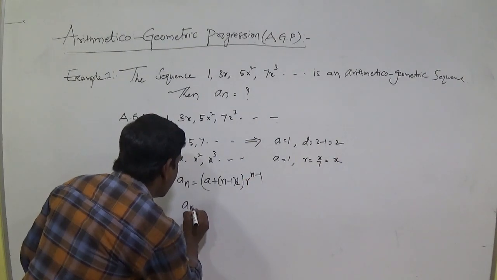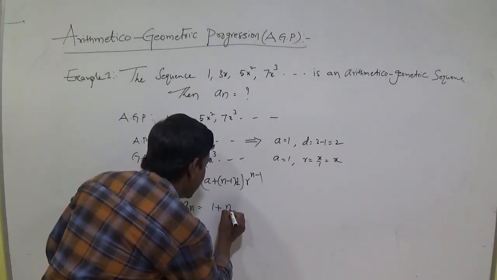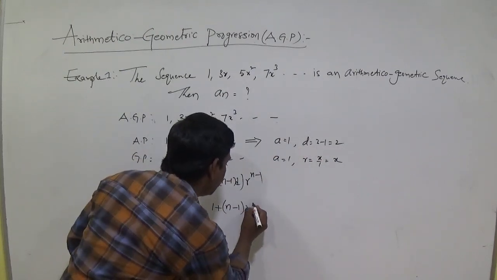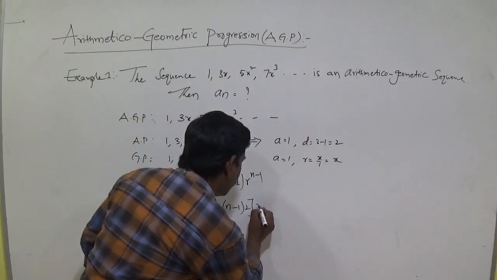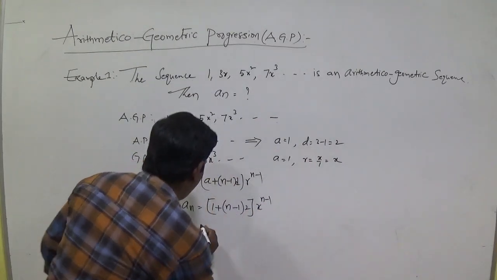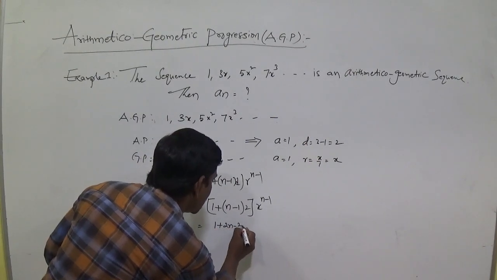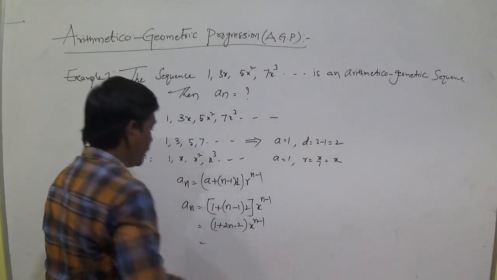So an equals (1 plus (n minus 1) 2) x power n minus 1. Simplifying, (1 plus 2n minus 2) x power n minus 1. Again simplify.